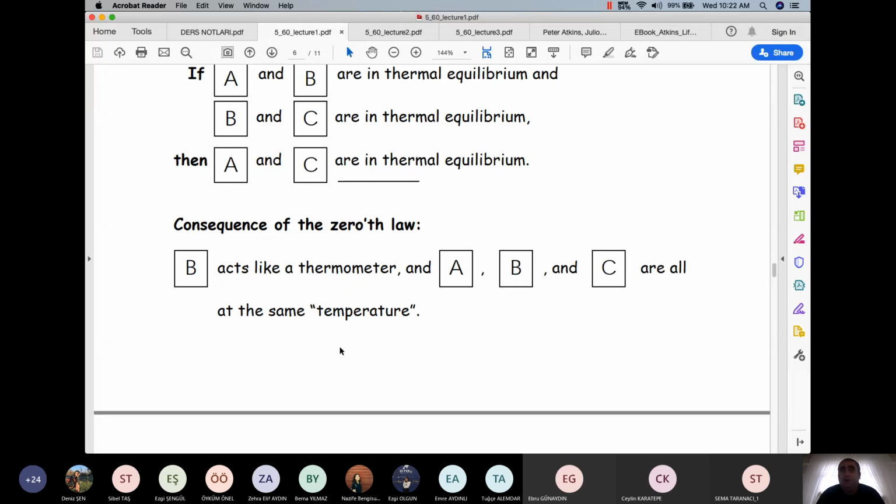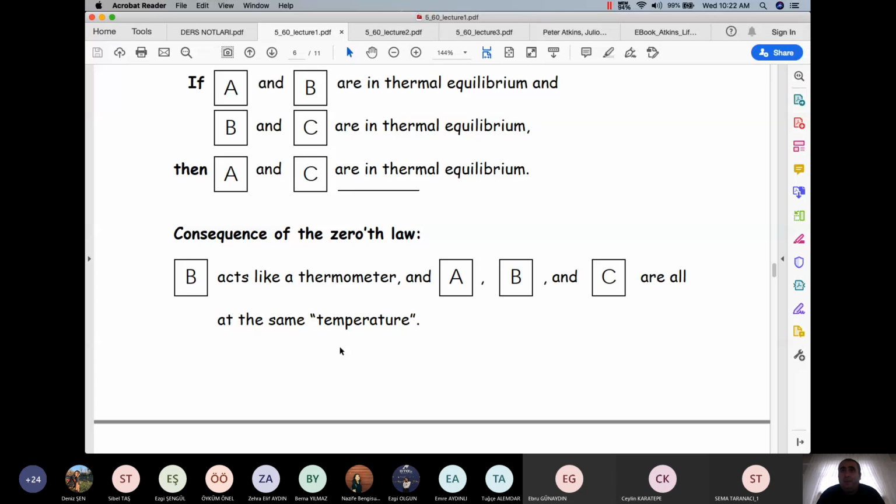temperature. So this means that you can measure the temperature of A and C simultaneously without damaging the system, without destroying the system, without any interruption of the systems in touch. So A and C are together.